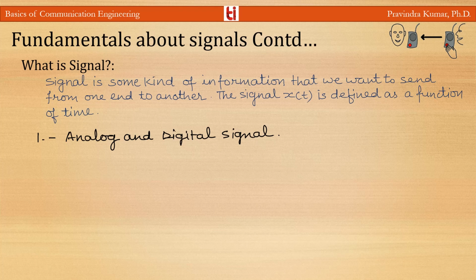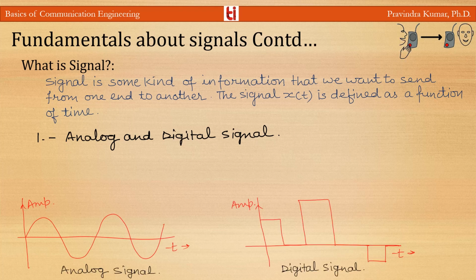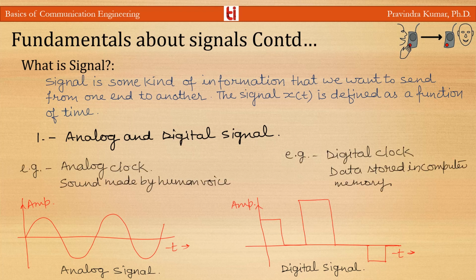The term analog refers to information that is continuous, and digital refers to information that is discrete in state. Just like for the analog signal, an analog clock, in which the second hand gives information in continuous form, whereas in a digital clock, time will change suddenly from 8:05 to 8:06.